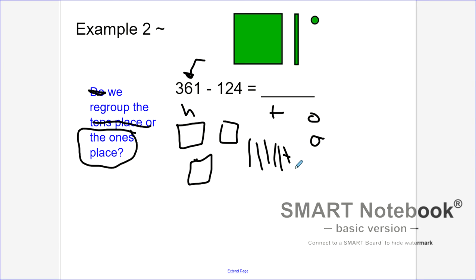What I'm going to need to do, since I need to regroup my ones place, is take one of these tens and turn it into 10 ones. And when I count it, you'll see I still have the number 361.